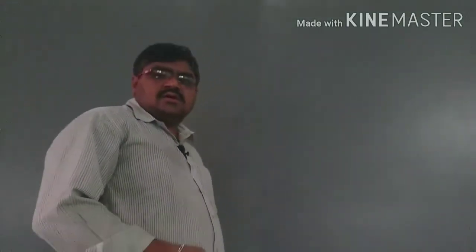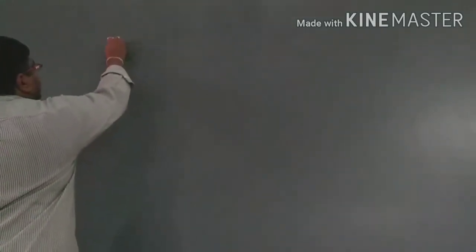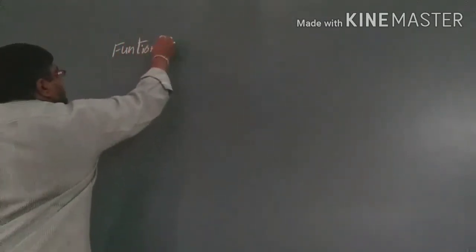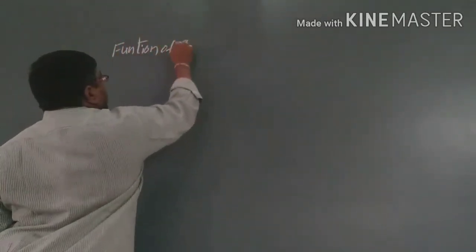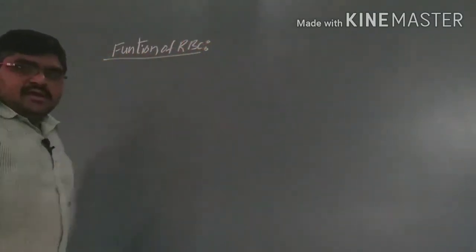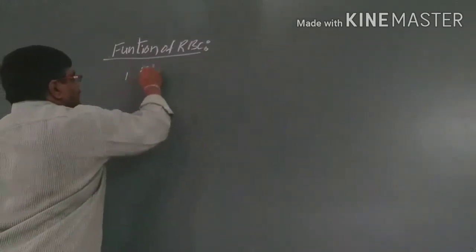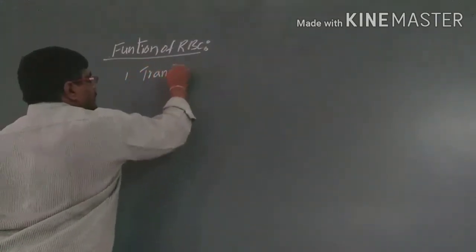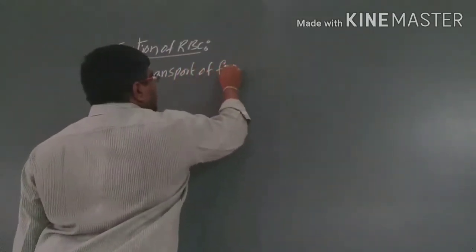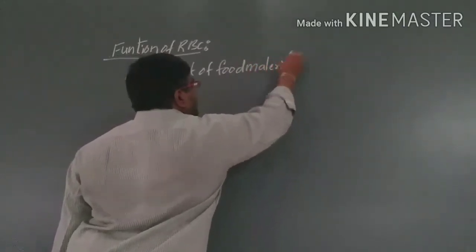Next, coming to the functions of the RBC. The first one is the transport of food materials.